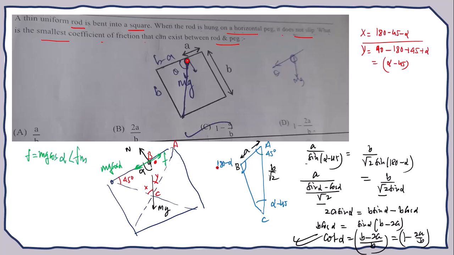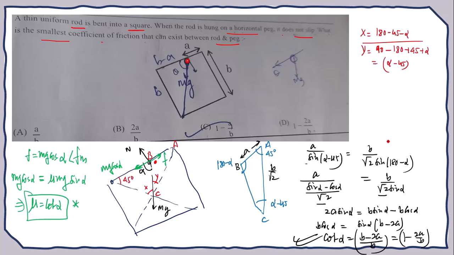Now what is limiting friction? That is mu into mg sin alpha. Putting the limiting condition, mg cos alpha equals mu mg sin alpha. So from here I am getting mu equals cot alpha.